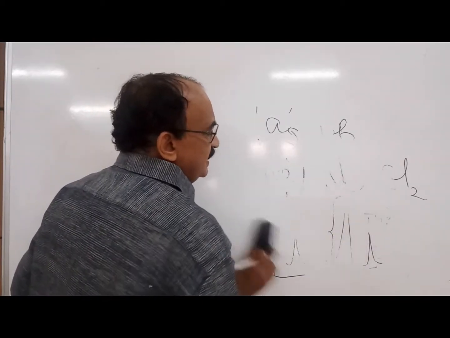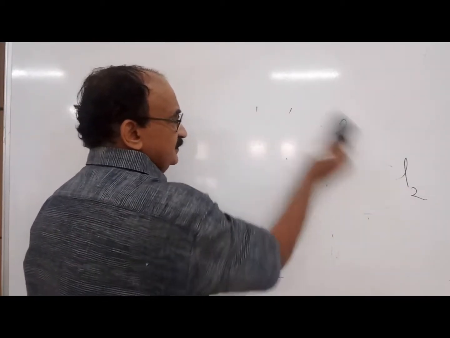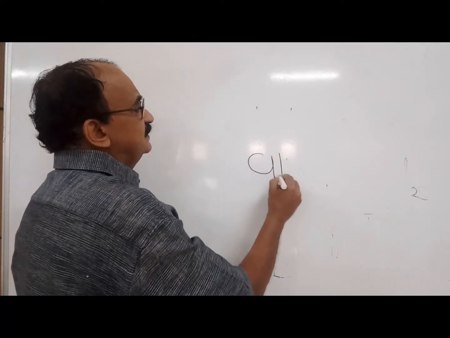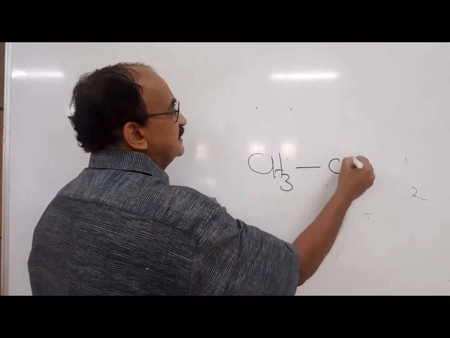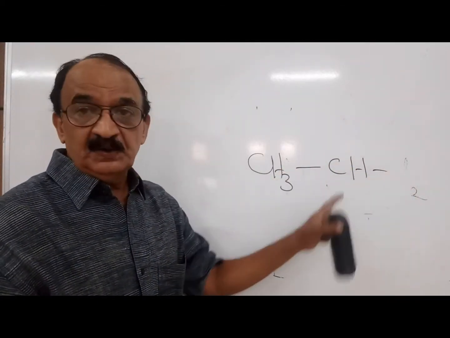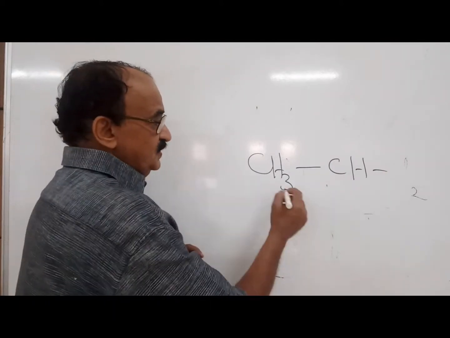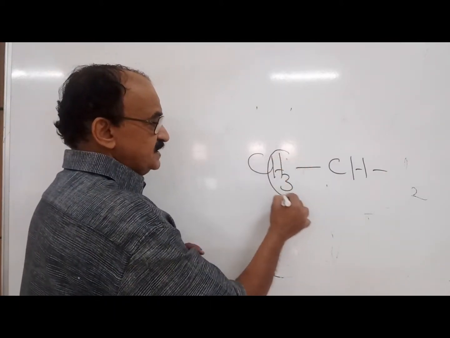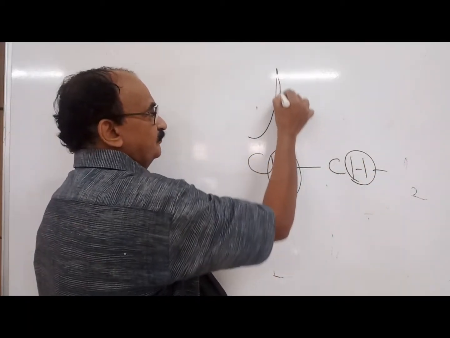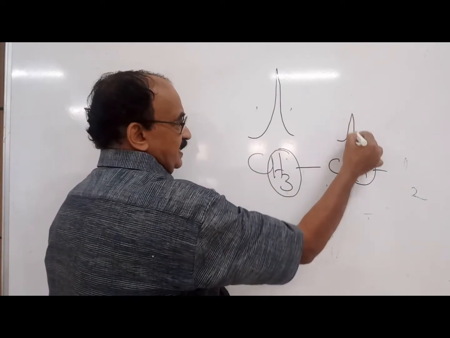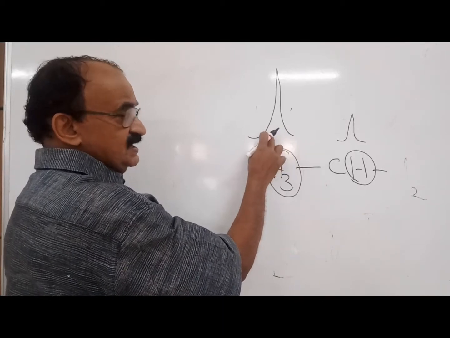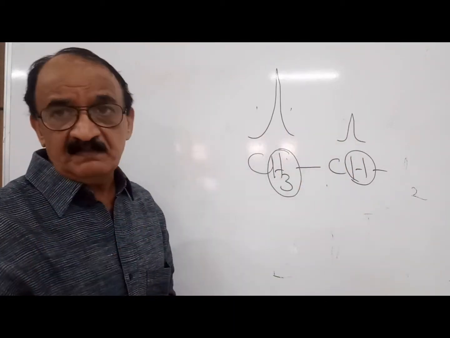That means, here you consider another example. Consider the CH3CH system. Here we are forgetting about the other atoms connected to the CH. So this is one set of protons, and this is another set of protons. This gives a signal, and this also gives a signal, and this signal will be nearer to TMS, this is away from TMS for the time being.